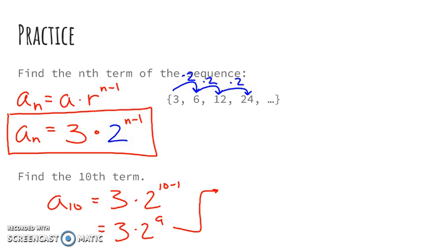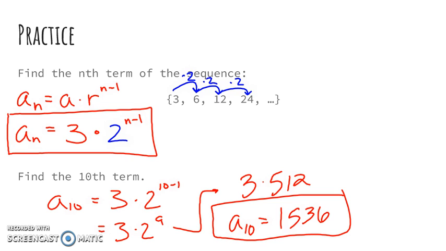So I'm going to have a 3 times 512, which is 1,536. So A sub 10 equals 1,536. So that is my 10th term. That is my nth term formula. They're going to ask you guys to find that on your test.